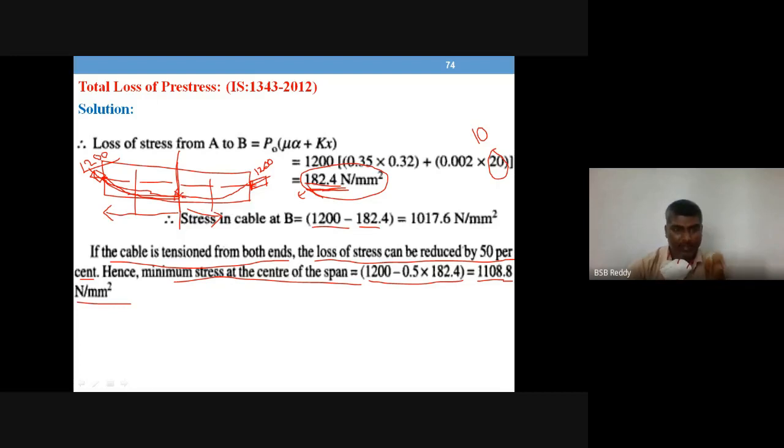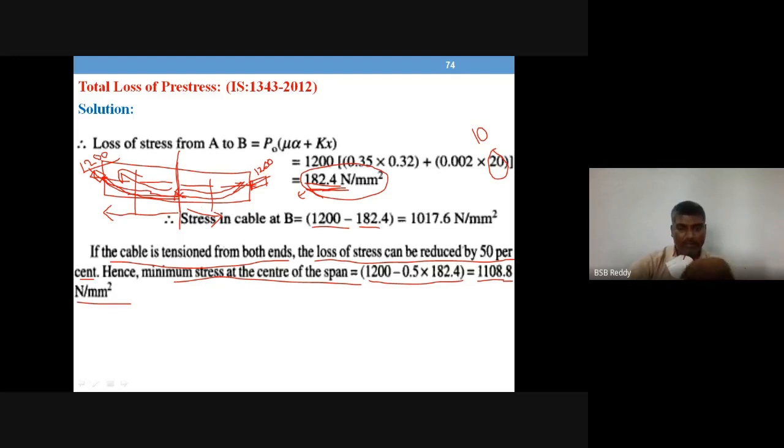Because from the midpoint, the very next point to the right participates with the other jack. This will move like this, and this starts moving like this. So half of the cable only will participate in the friction phenomena for a particular jack. That is how it is.